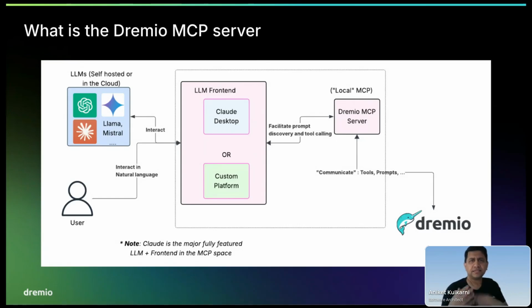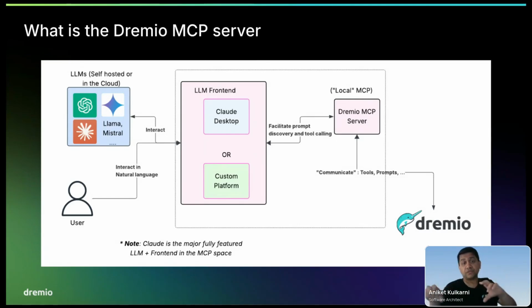Now, let's talk about some nomenclature over here. An LLM front end is the actual interface, the actual entity that takes your input and then renders or presents results or responses from your LLM, right? So, for example, you think about Claude or ChatGPT and any other things.